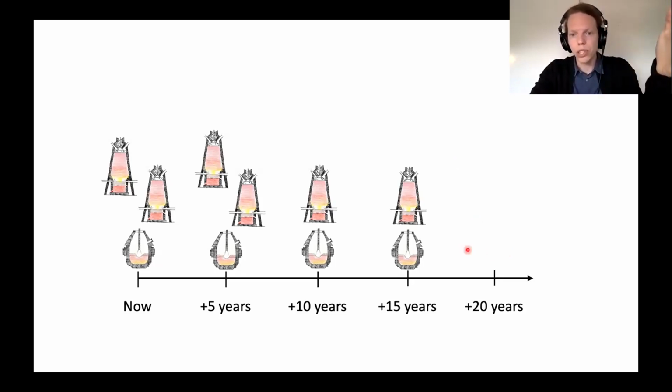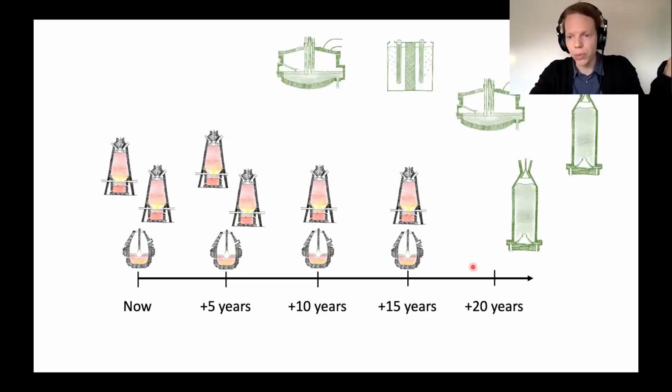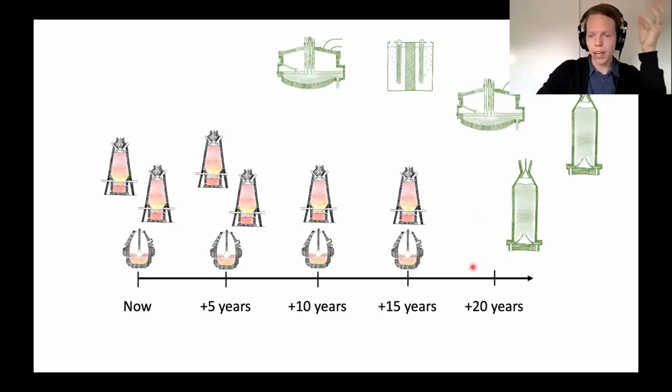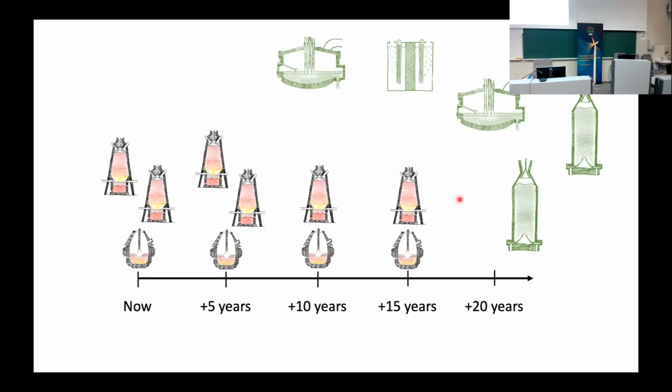So again, the question is, when during this time horizon should we invest in, let's say, an electric arc furnace or electrolysis, shaft furnace? How many of these units do we need? What should be the capacities of the individual units? And also importantly, how could they operate together with the existing units? Like, can the power plant continue its operation during this transition, and such questions?